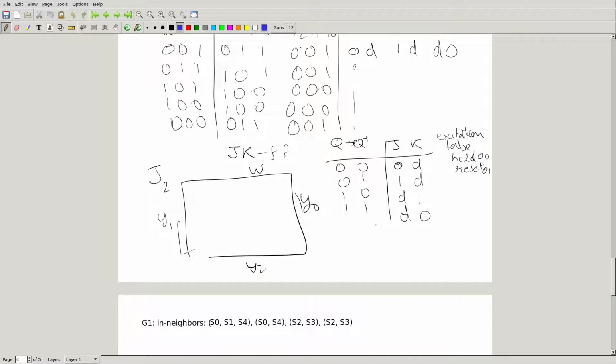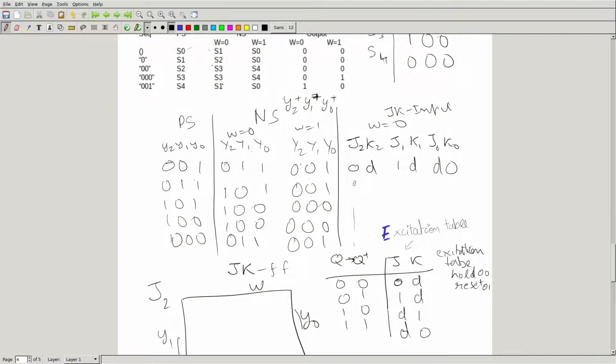So we created an excitation table, and we said that we'll fill this excitation table up, and that we'll use this excitation table to get the JK inputs.